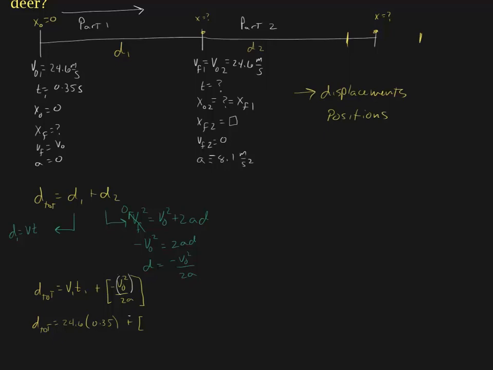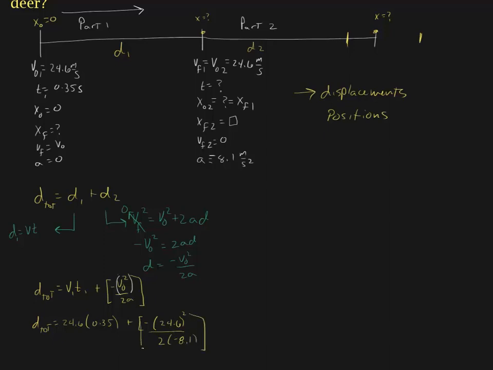So we're not going to square away that negative sign. So we have a negative times 24.6 quantity squared divided by 2 times a negative 8.1.